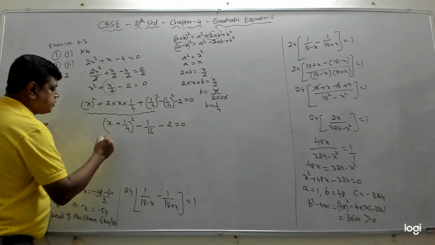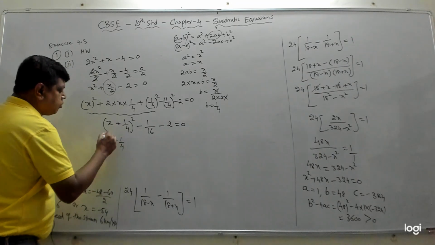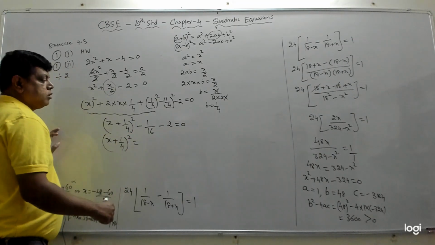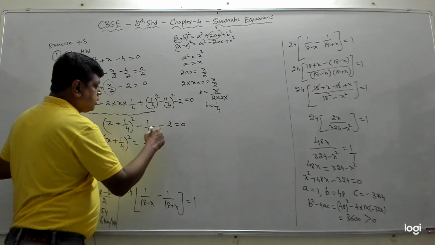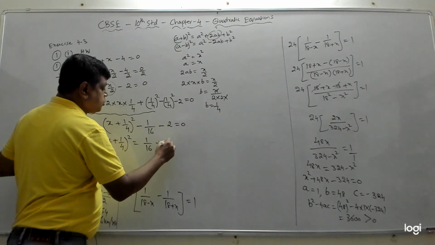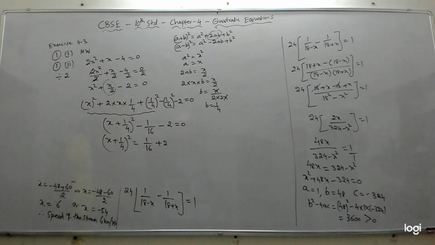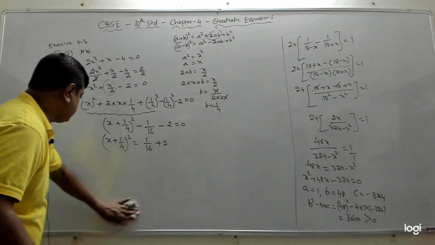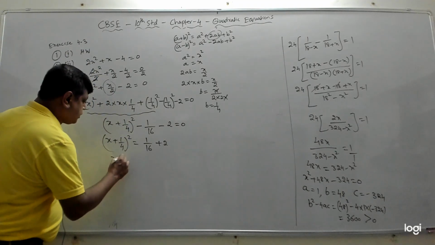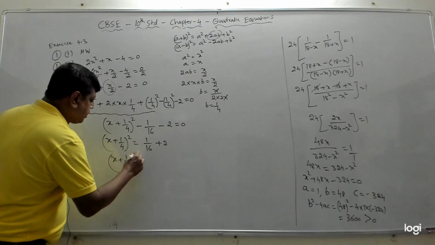Now again I'll write this. x plus 1 by 4 the whole square equal to, now minus 1 by 16 goes to the other side. It becomes plus 1 by 16. Minus 2 goes to the other side. It becomes plus 2. Okay. So now x plus 1 by 4 the whole square equal to, we should add them.